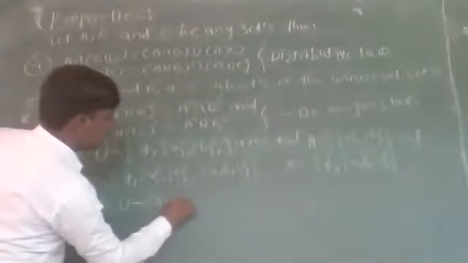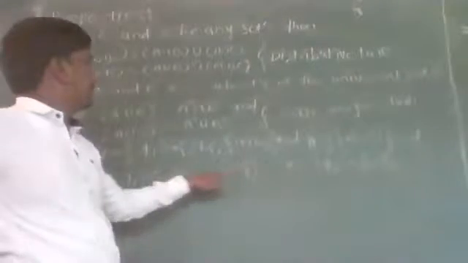Complement of A union B means universal set U minus A union B. Therefore, universal set U contains elements phi, A, B and AB, and A union B is also phi, A, B and AB. Then this minus this is the empty set, which is equal to phi. Therefore, A union B complement will be equal to phi.